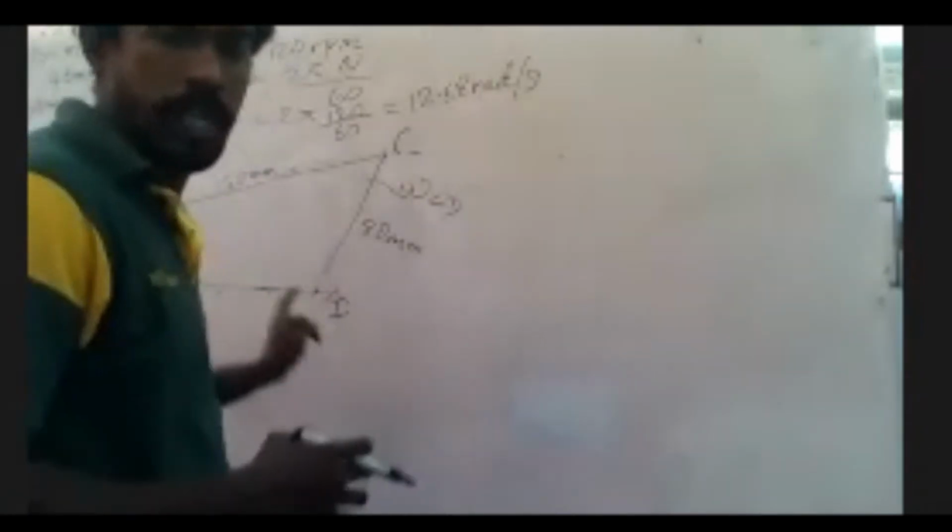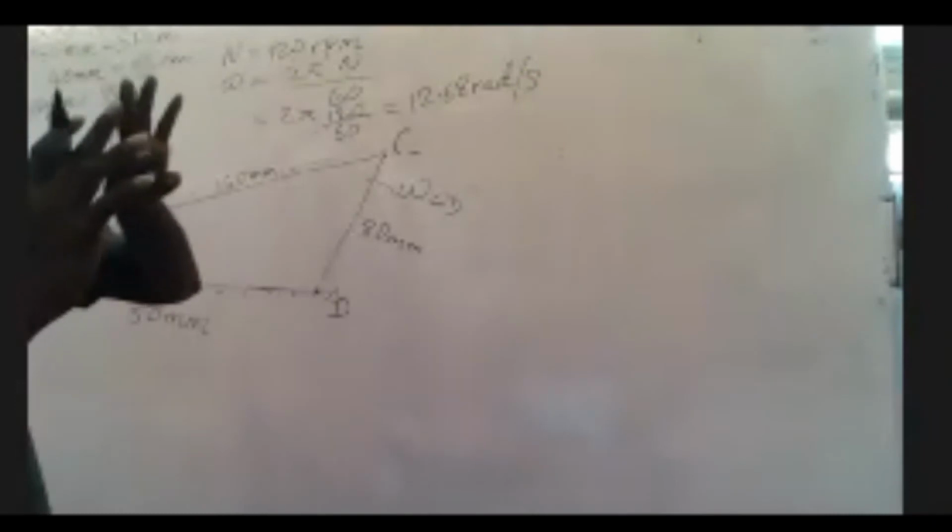Now we will draw the velocity diagram. This diagram is known as the space diagram. Whatever data is given in your question, you transfer it to the diagram. Now from this diagram, I will go for the velocity diagram.